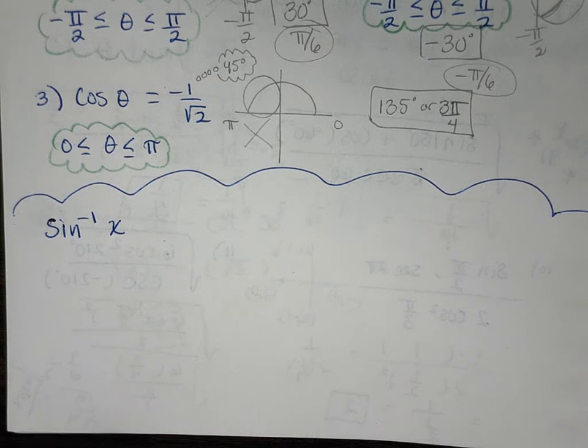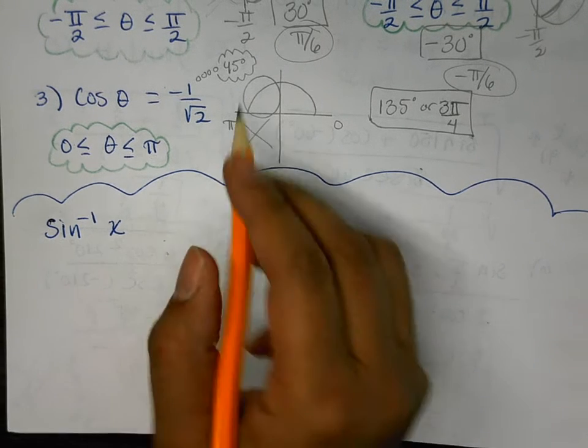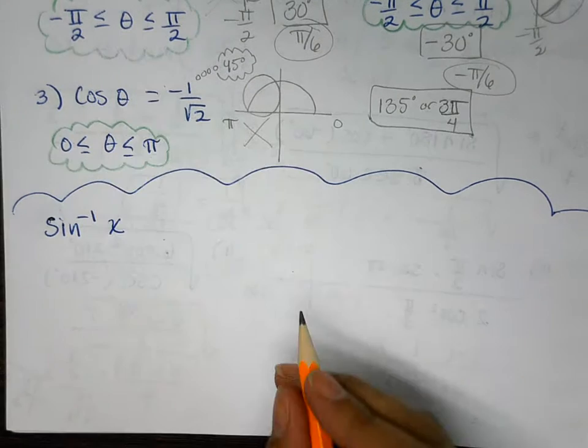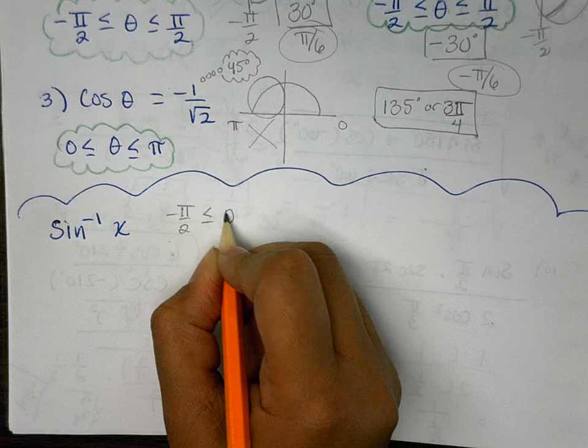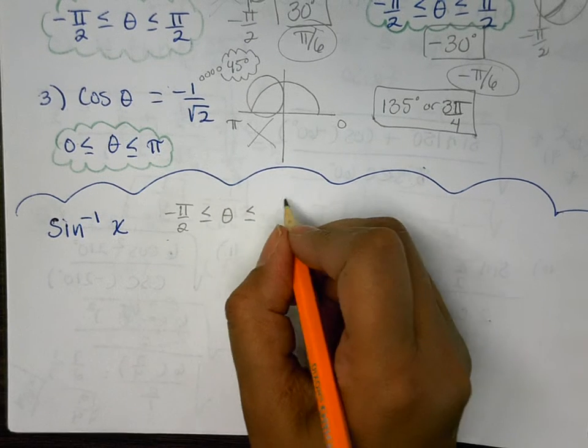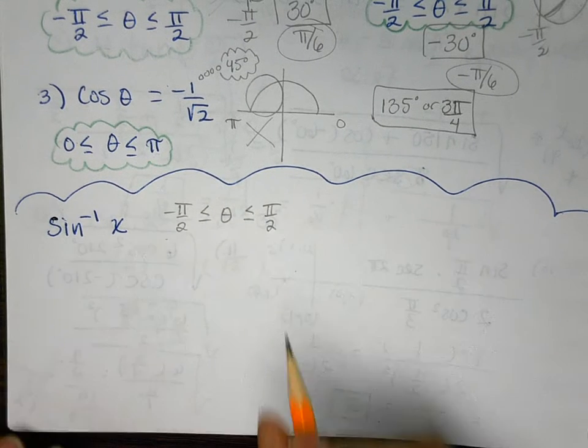You'll see it written as arc sine. Different ways, and we'll see some in the examples. Okay, our restriction for this is just like we had right up here. Negative pi over 2 is less than or equal to theta, which is less than or equal to pi over 2.